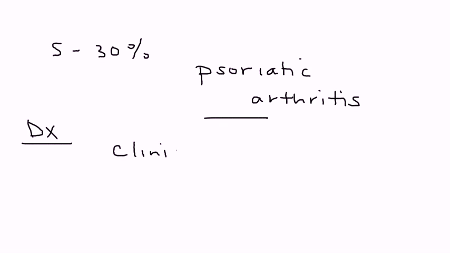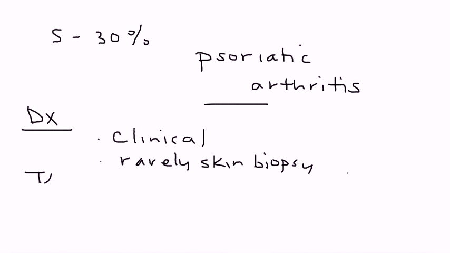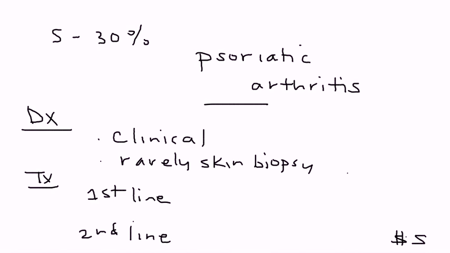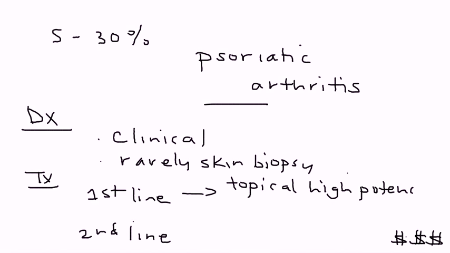Diagnosis is really just clinical. There's really no tests. Rarely is there ever a skin biopsy done. It's usually not necessary. And in terms of treatment, there's a lot of very specific and expensive psoriasis medications, and the big problem is that they're so costly that you always tend to go with the first line, which is just a topical, high potency corticosteroid ointment.